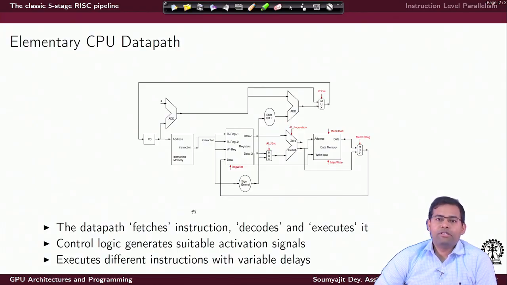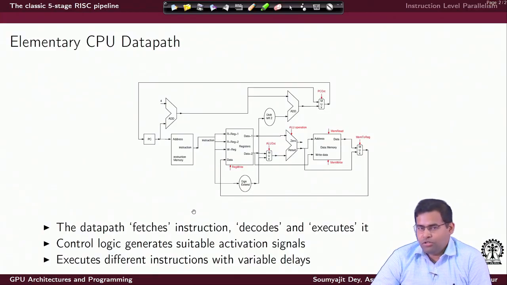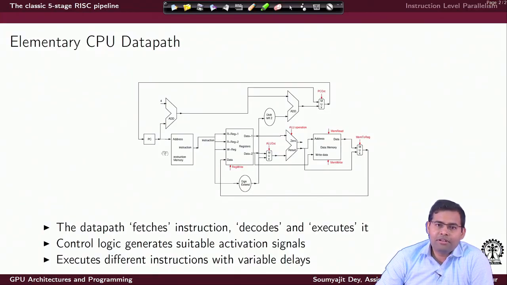Just an example of a CPU data path. So, what is a data path? This is basically a drawing which summarizes how the different functional units inside the processor are connected. As we can see, there is a block which represents the instructions and their storage in memory. There is a block which represents data and their storage in memory.